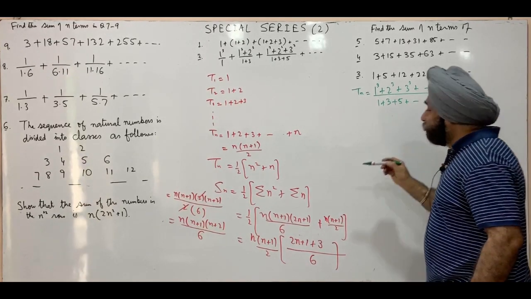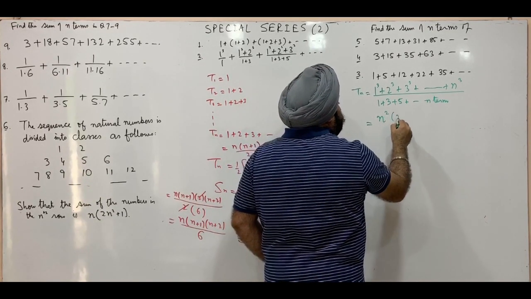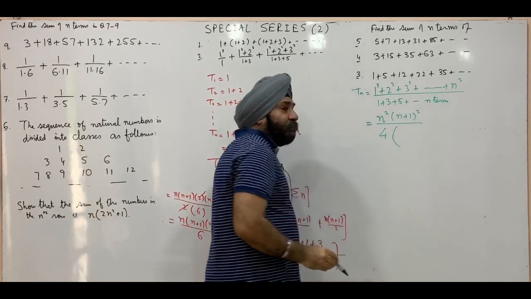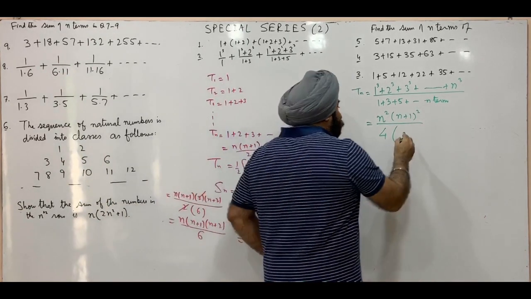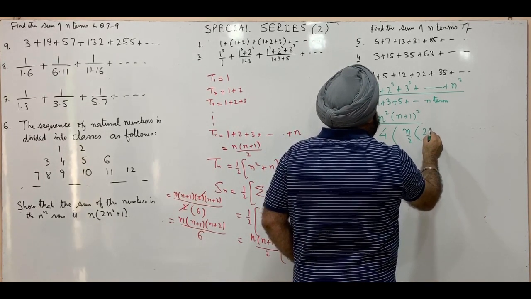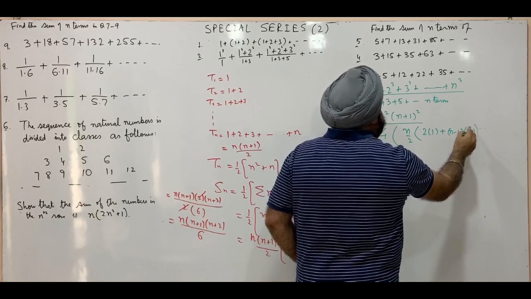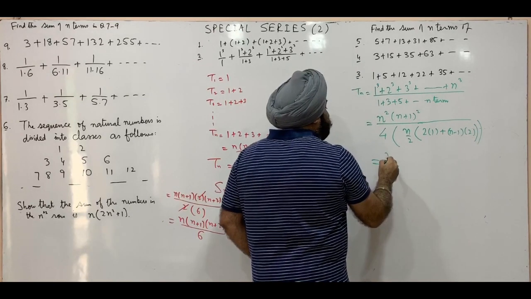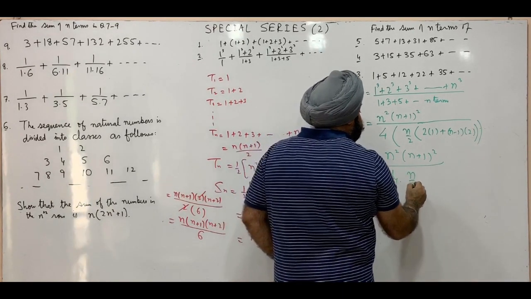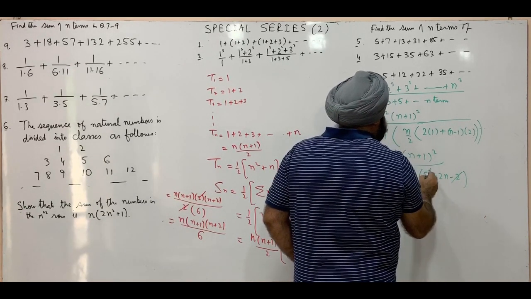We know this sum, this is n square n plus 1 whole square upon 4. And what about the denominator? This is an AP, the sum of n terms is n by 2 into 2 into first term 1 plus n minus 1 into common difference of 2. So it's n square n plus 1 whole square upon 4, divided by n by 2 into 2 plus 2n minus 2, this will cancel out.